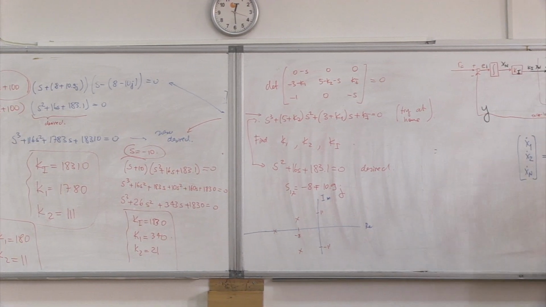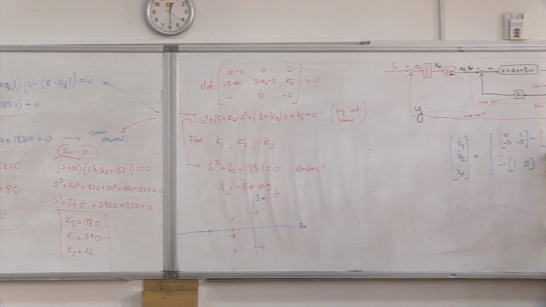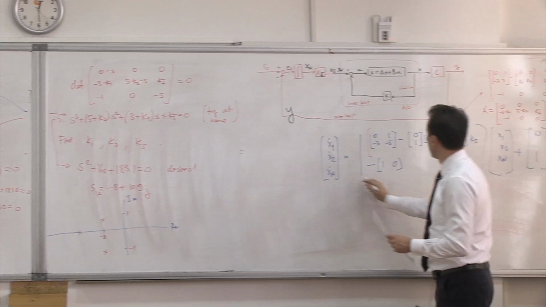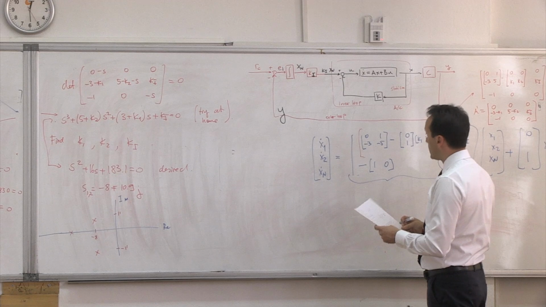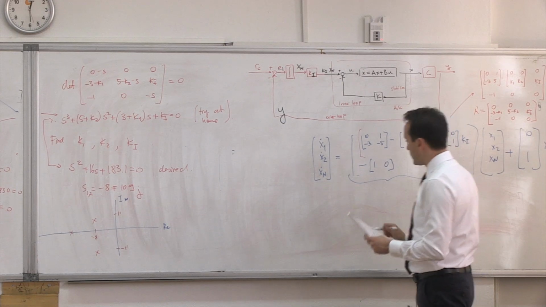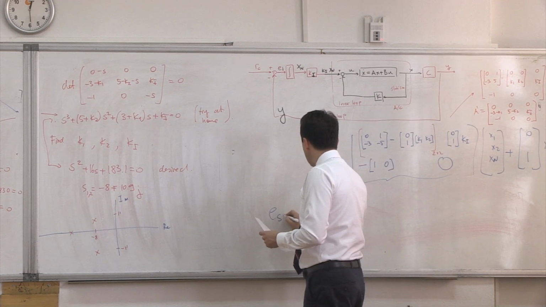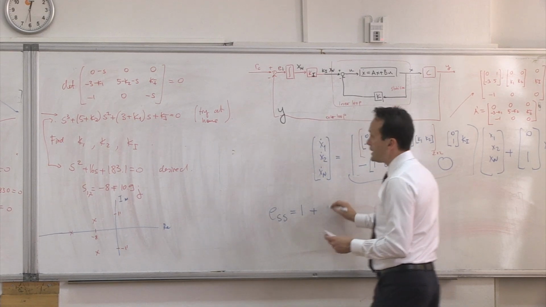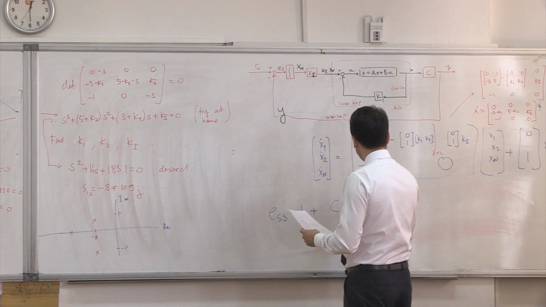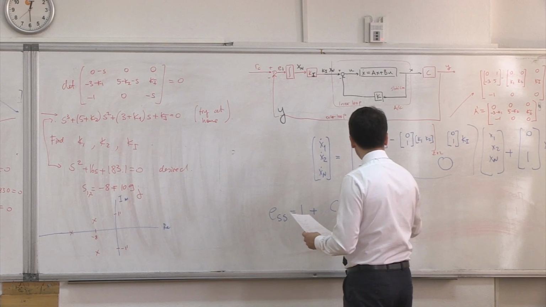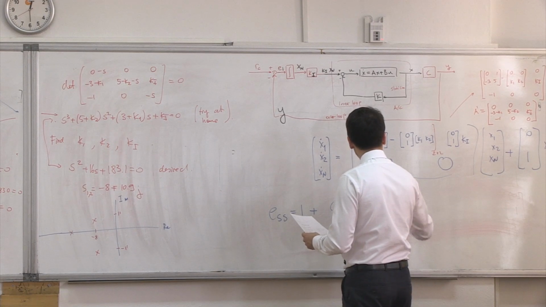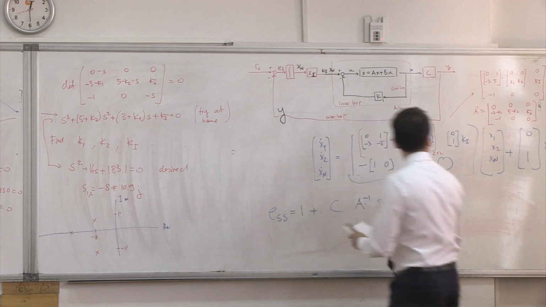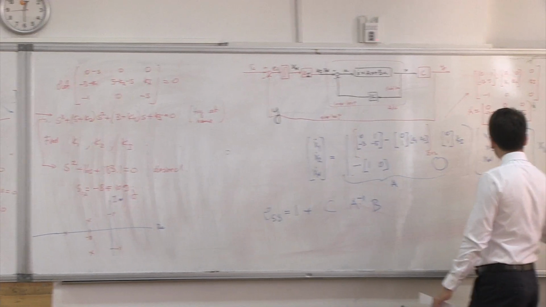This is my new A matrix. The C matrix I just erased. So the steady state error is equal to 1 plus C, inverse of A prime, inverse of this, and then B. And B is here. This is B.